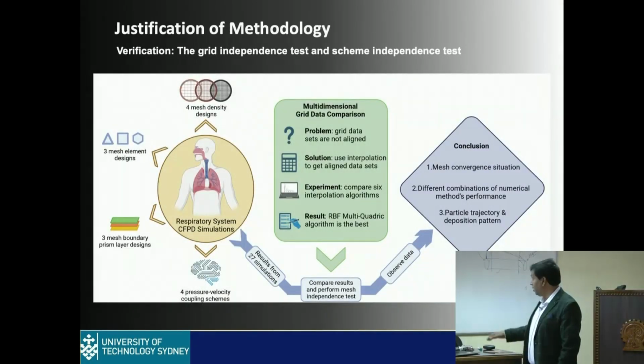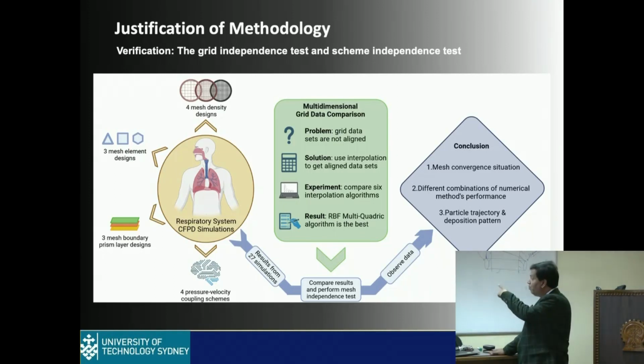Okay, this is the schematic of how we did our numerical validation. We used 4 mesh density designs, and then 3 mesh element designs, and then 3 mesh boundary prism layer designs. The boundary layer we showed you is like 6 layers, right?